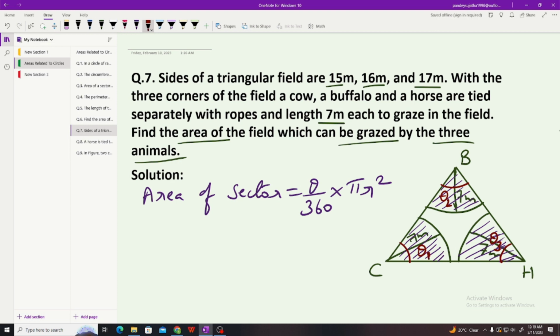So now to find the area grazed by all these three animals, we are going to find the area of this sector and the area of this sector.